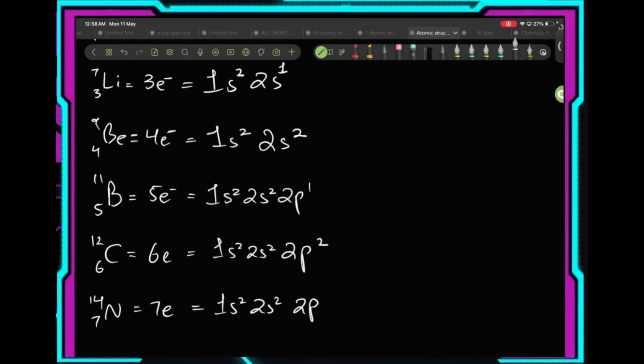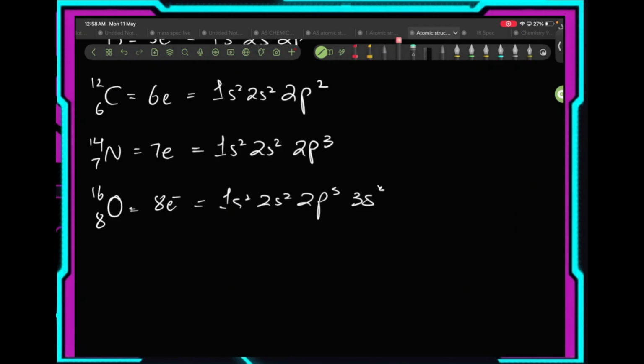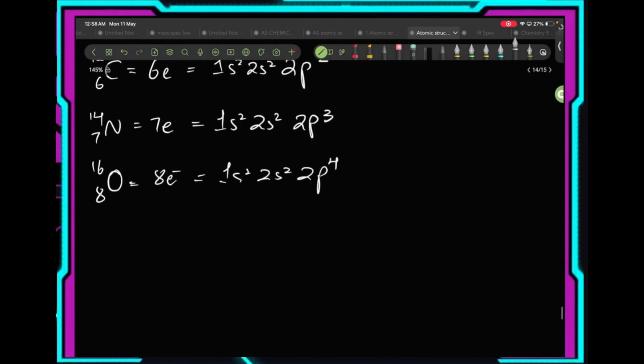You do not move on unless p has 6 electrons, right? So 2p3. What about oxygen, O 8 16? It has 8 electrons. So 1s2, 2s2, 2p4. p is still not filled yet.